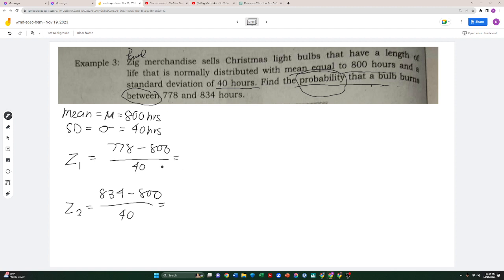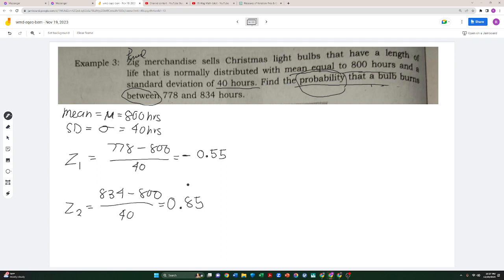The result is 778 minus 800, which is negative 22, divided by 40, which is negative 0.55. The other one is 834 minus 800 divided by 40, which is 0.85. So, double check.